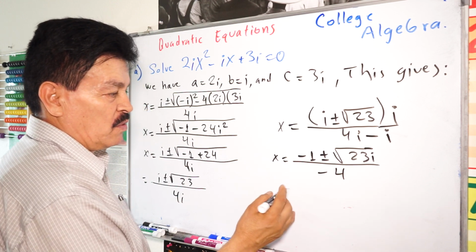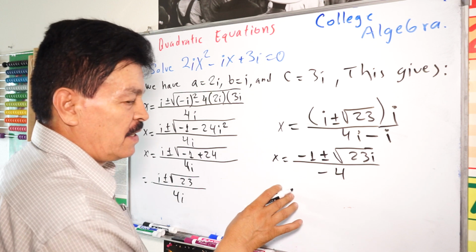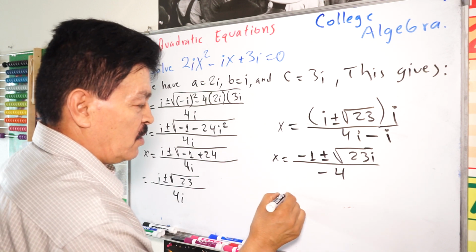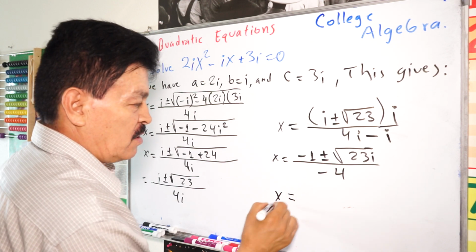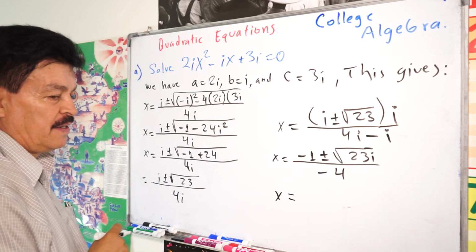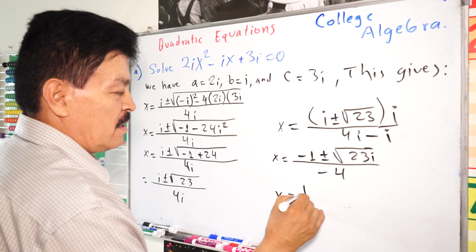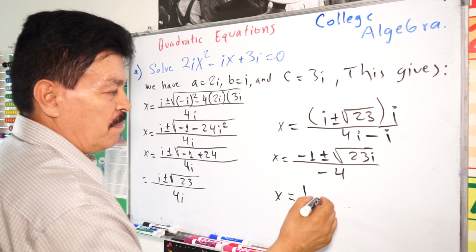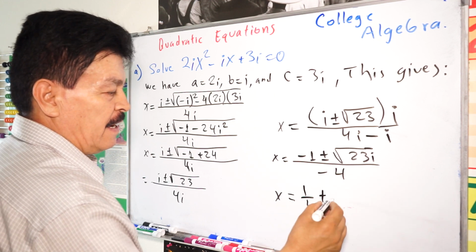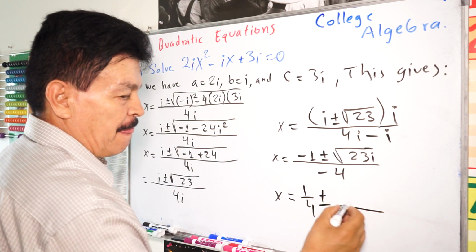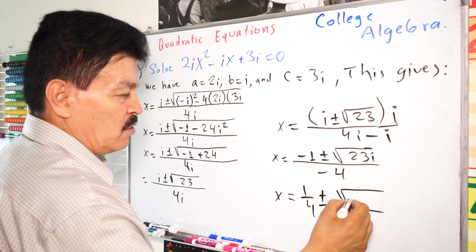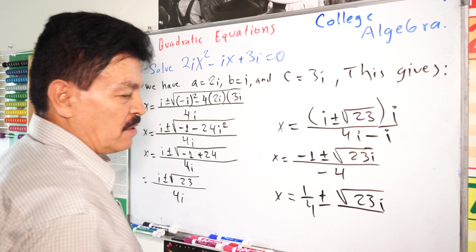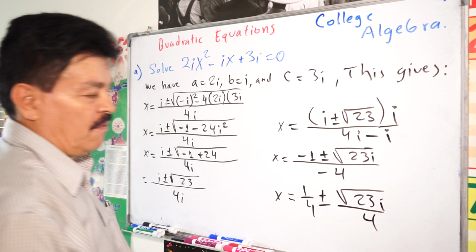You are able to write it right here. x is going to be, negative divided by negative is 1, 4 plus minus square root 23. Some imaginary numbers like that.